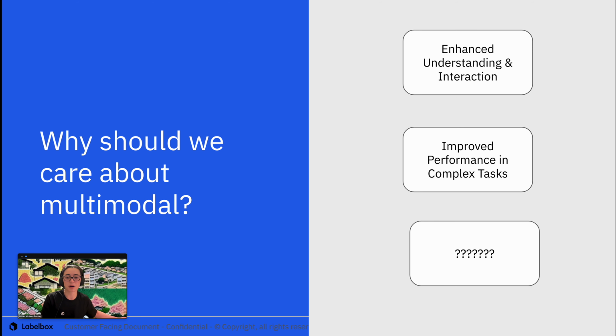The second part is improved performance in complex tasks. There are a couple of different use cases. For example, healthcare diagnostics. Wouldn't it be great if we could use multimodal models to integrate different types of medical imaging, like MRI, CT scans, and X-rays, with patient history and verbal symptoms to get more accurate disease diagnoses?